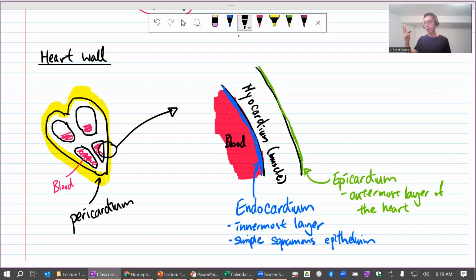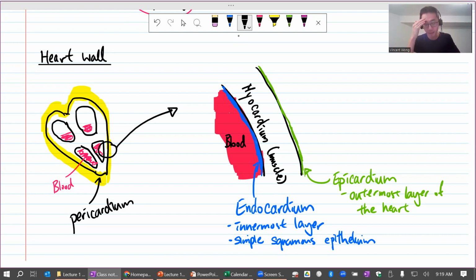And it has two layers, right? Double sac. The best way to visualize this is, I don't have any props here, but imagine taking the heart model and putting one layer around it.